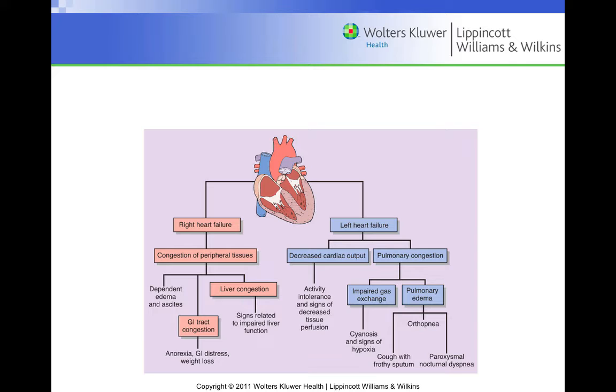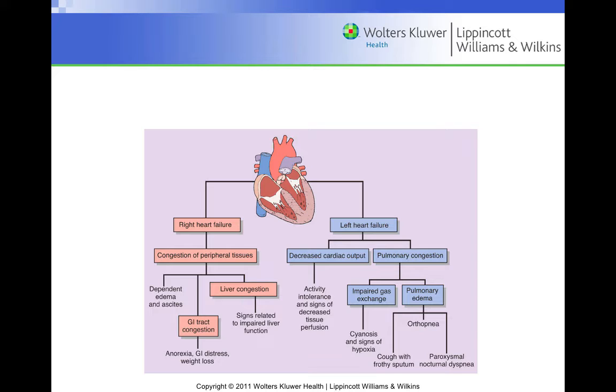In left-sided heart failure, we basically have pulmonary congestion, which impairs gas exchange, may result in pulmonary edema where it backs up all the way into the lung tissues.